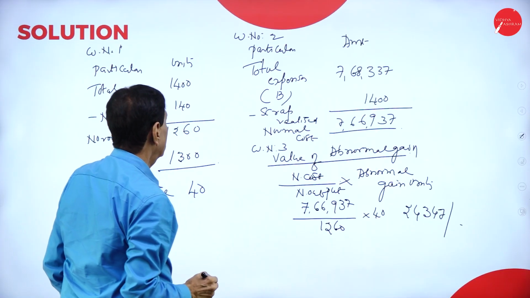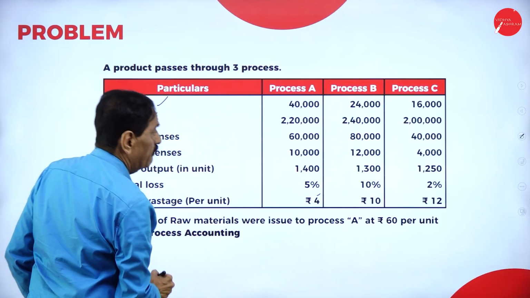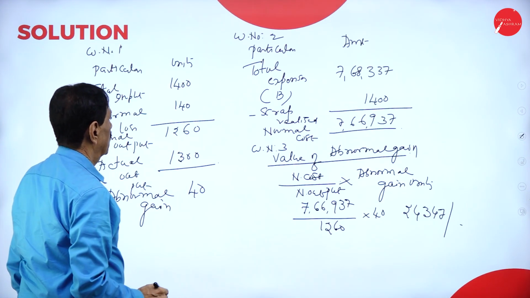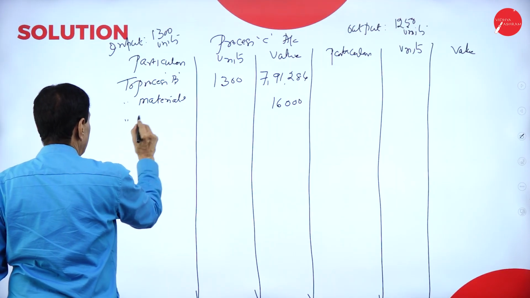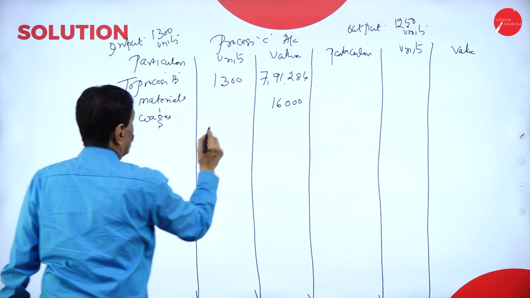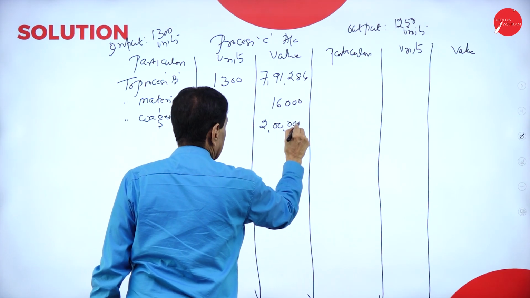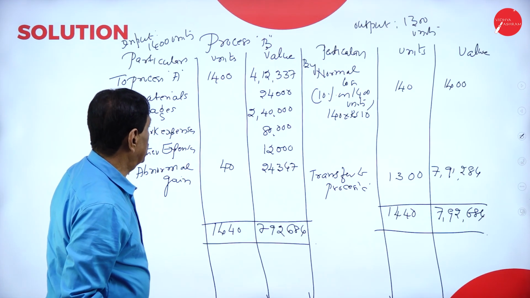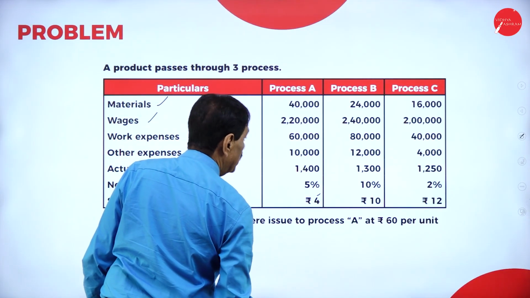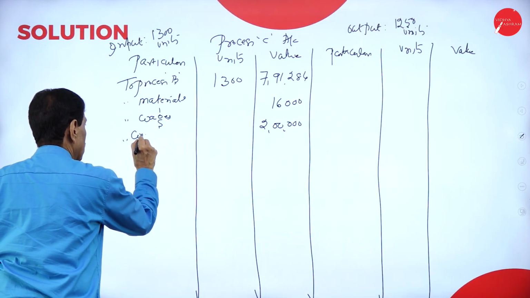Then what is next one? Wages, 2 lakh. To wages, 2 lakh. Let's go over. What is next one? Work expenses, 40,000.